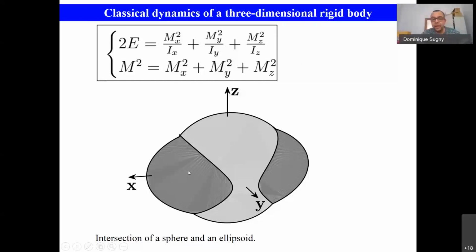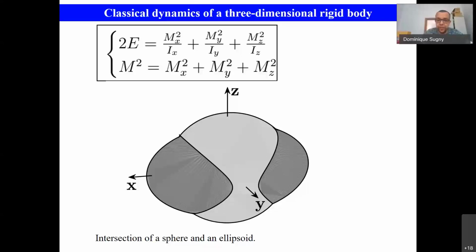And in dark gray, we have the ellipsoid corresponding to the constant of motion of the energy. And finally, the intersection of this sphere and this ellipsoid gives you, in the reduced phase space, the trajectory, or here two distinct trajectories of the rigid body.